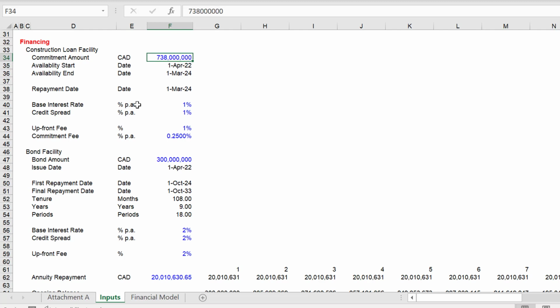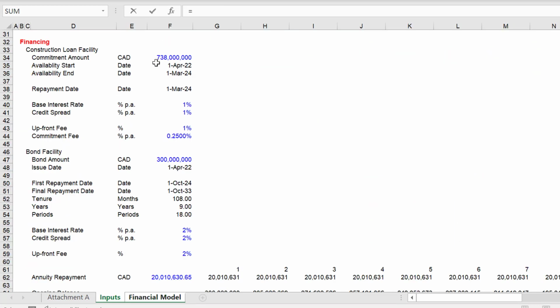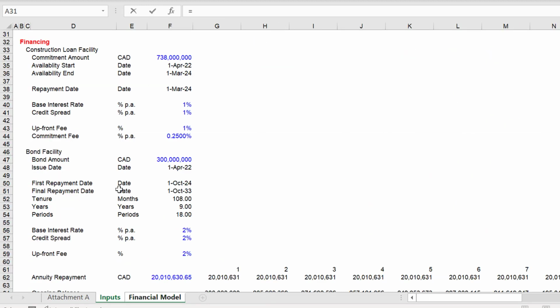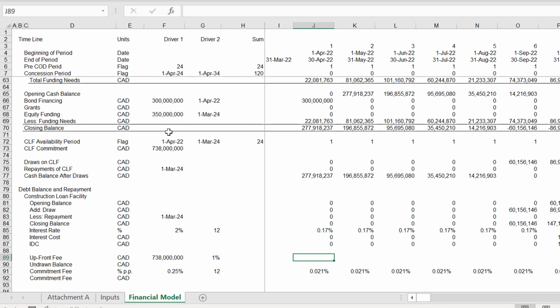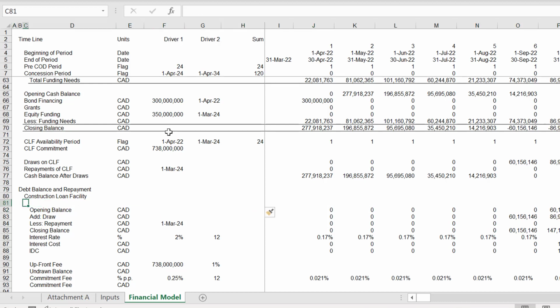Now that's not going to be right, but we'll put our commitment amount in, and then we'll put our commitment fee, upfront fee, and then we almost have to cheat, but we almost need a financial close flag. I'm going to put it right here, which is kind of silly.